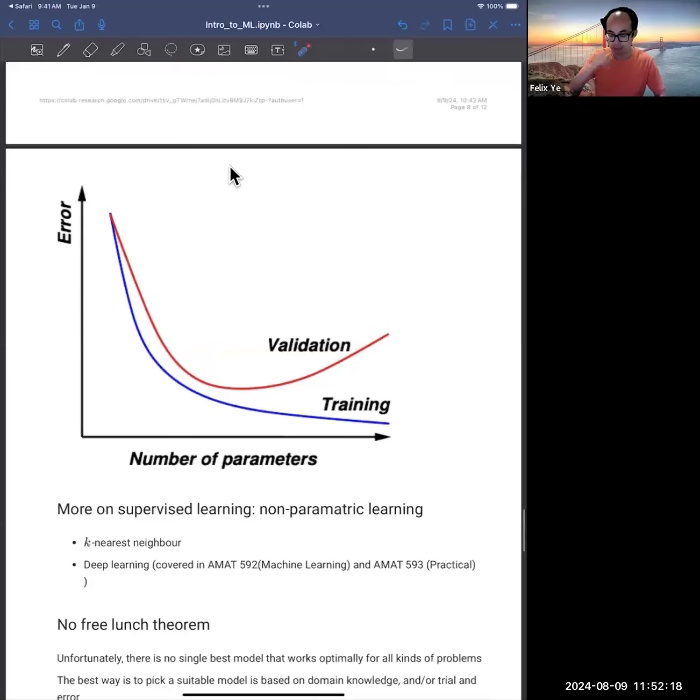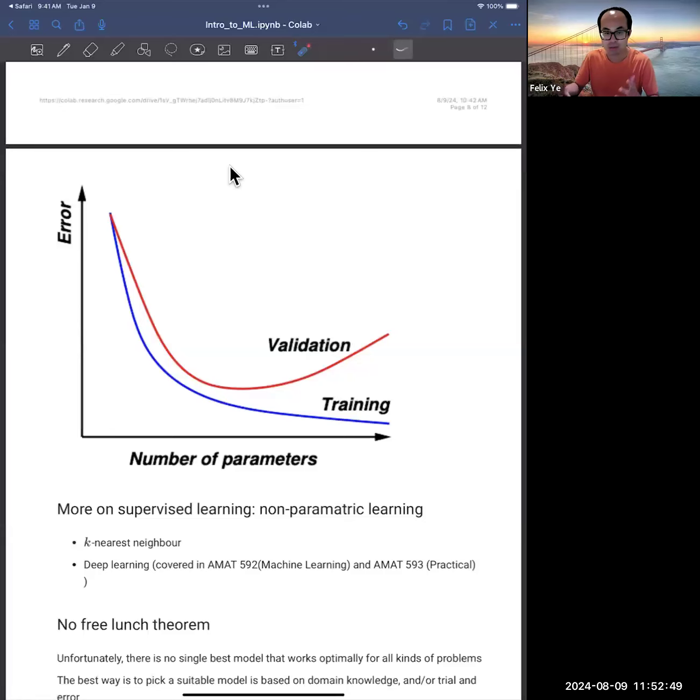So this is basically a graph that we have been using a lot. You can see this is the validation or testing error, depending on what we call it. If my number of parameters increases, my training error always decreases. That means as the number of parameters increases, my model is getting more and more complicated.